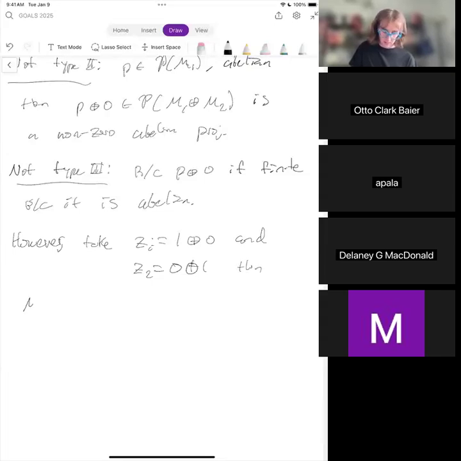Then M1 direct sum M2 compressed by Z1 is isomorphic to M1, and M1 direct sum M2 compressed by Z2 is isomorphic to M2.